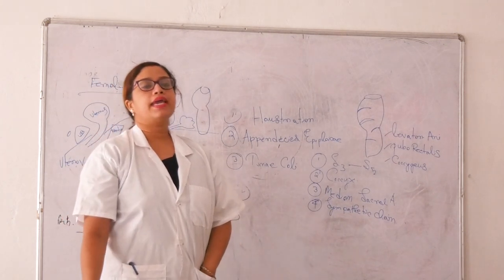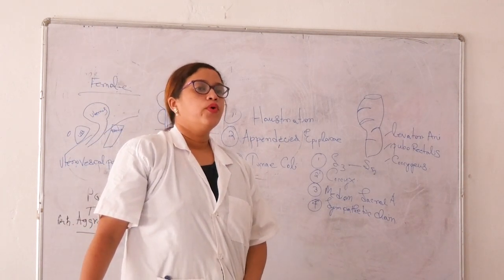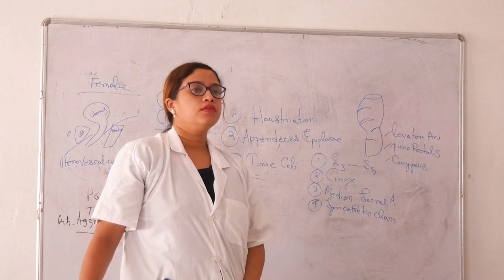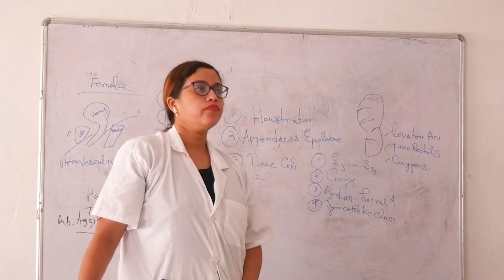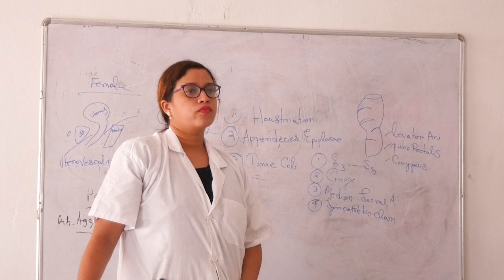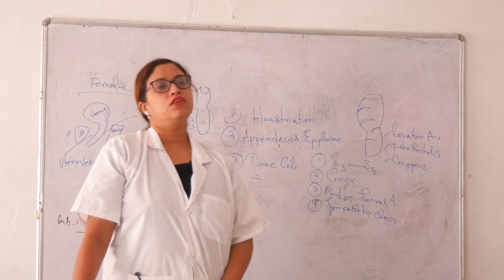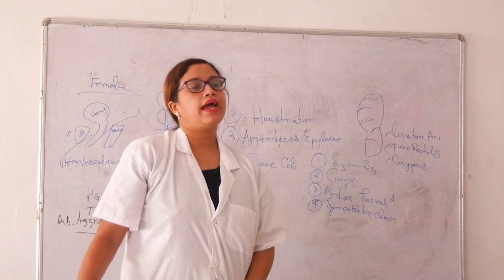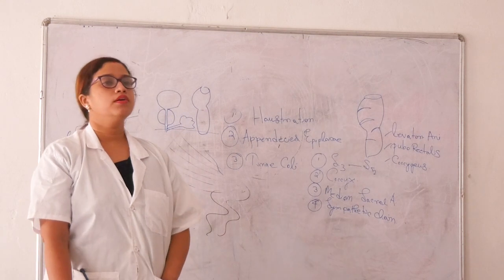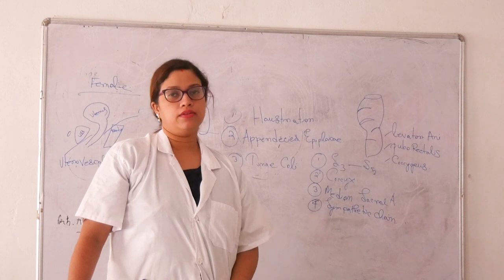So write it down: in case of male, where the apex of the prostate is completed is at the same level as the junction between the rectum and anal canal.